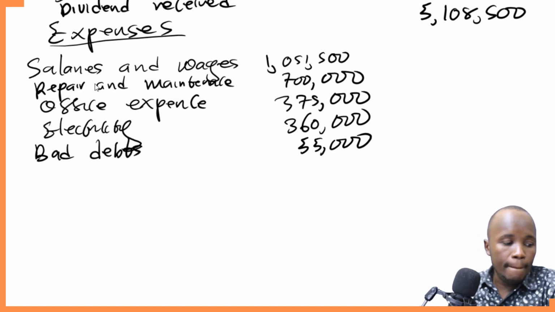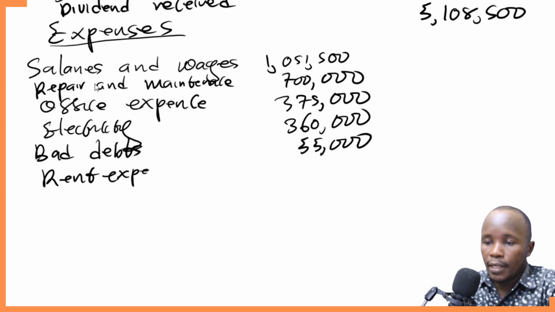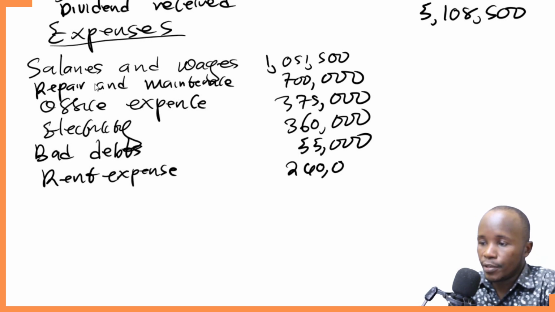And then we also have rent expense. Rent expense, there was an adjustment. We made an adjustment of 90,000. So this gives us 240,000.